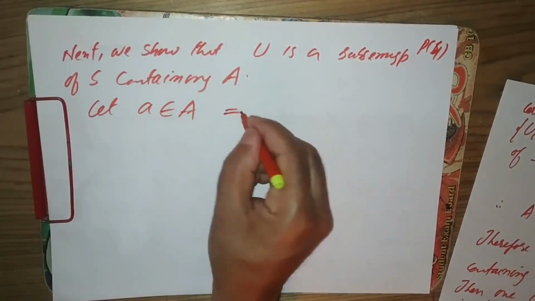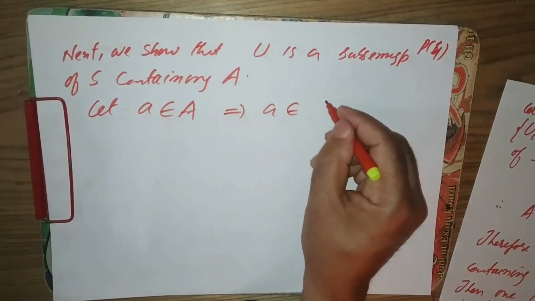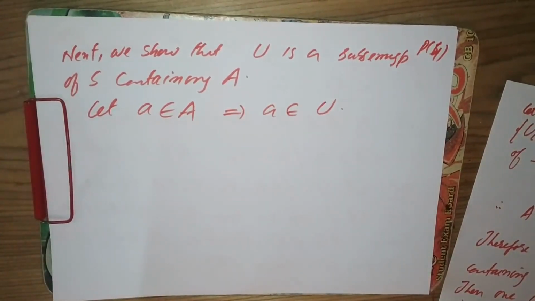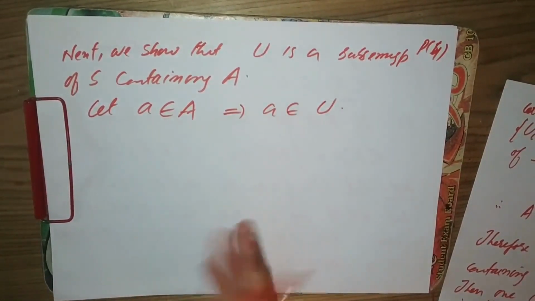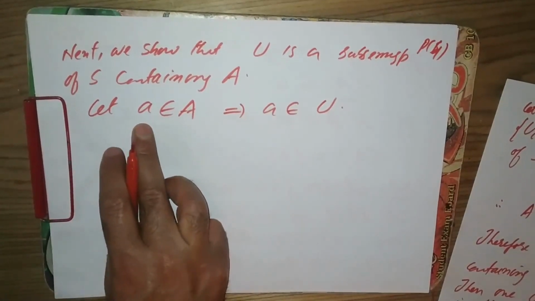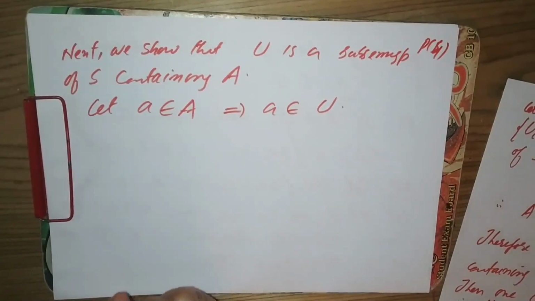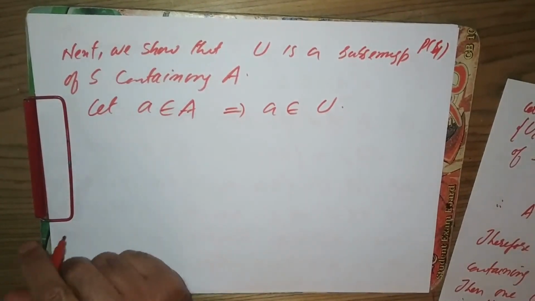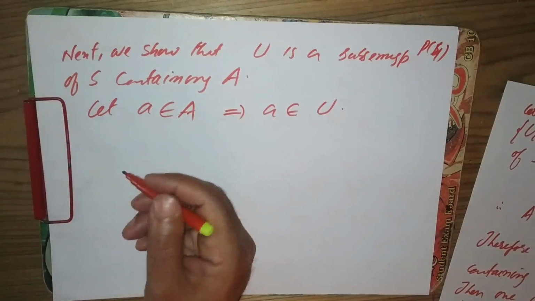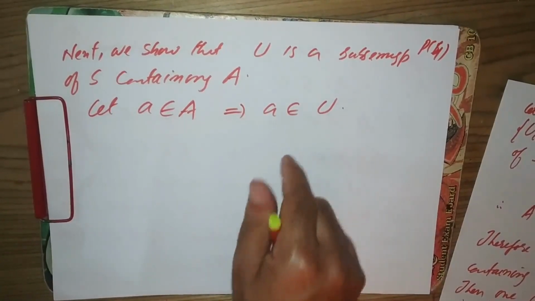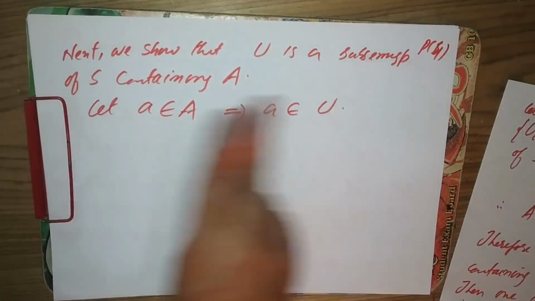So A also belongs to U, because U contains all the finite products of elements of A, and A is itself a finite product with only one element. A belongs to U. So therefore U is a subsemigroup of S containing A.